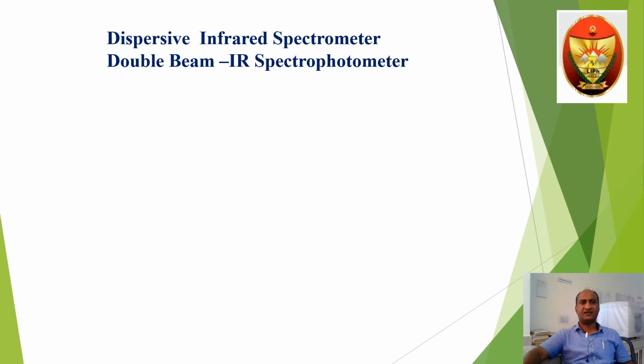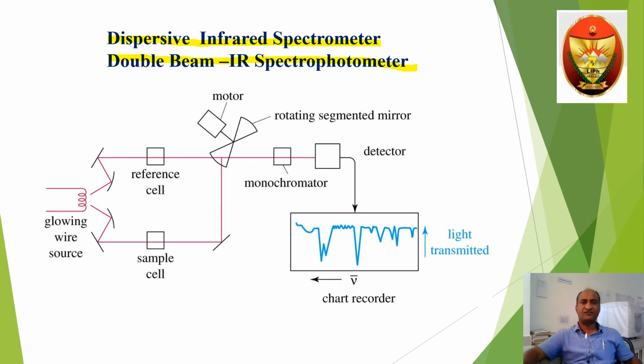So in IR we have a dispersive infrared spectrometer, that is a double beam IR spectrophotometer, also known as a conventional infrared spectrophotometer. The double beam infrared spectrophotometer is somewhat similar to the double beam UV spectrophotometer.